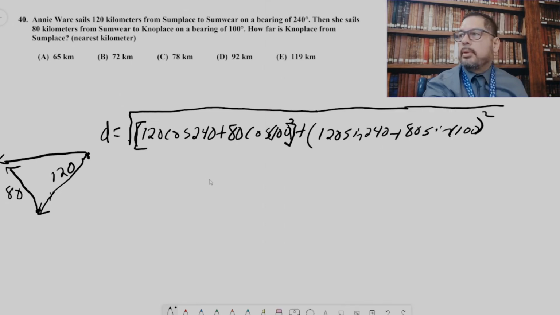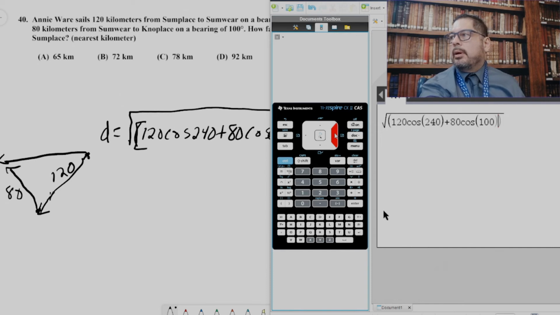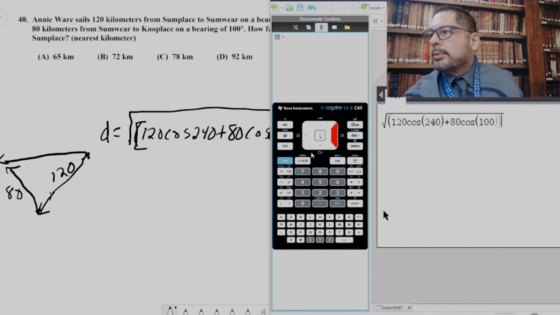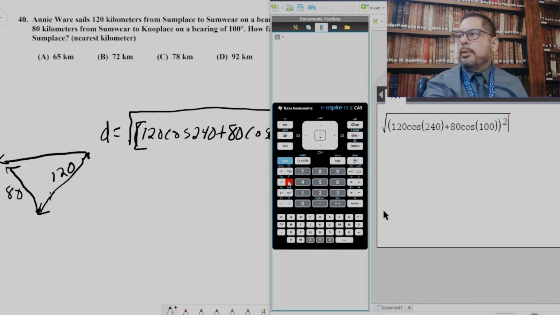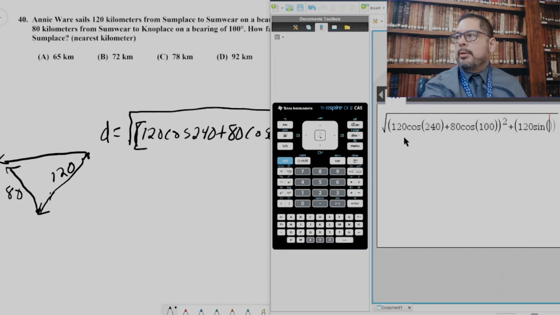Let's see, cosine of 100 and that entire quantity squared. Then we're going to add the vertical components, parentheses, and it's going to be 120 sine of 240.